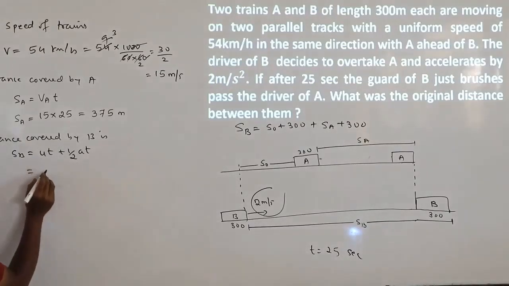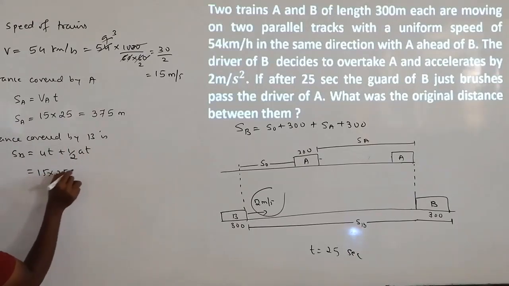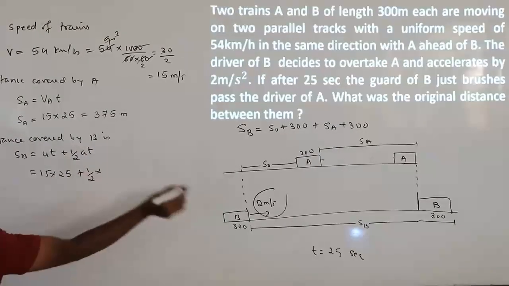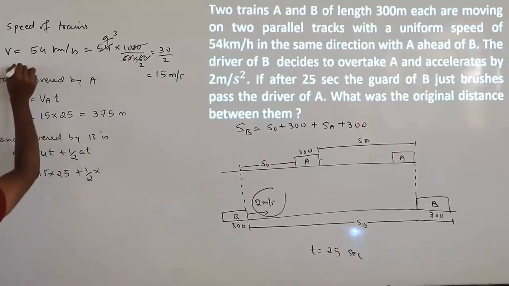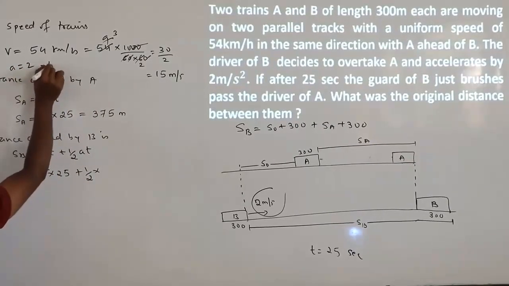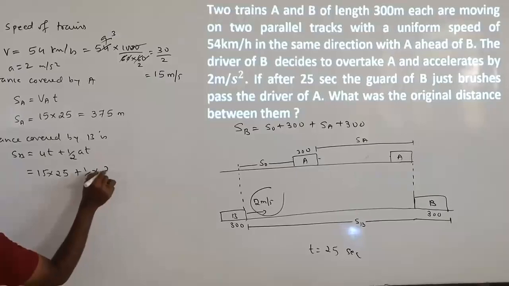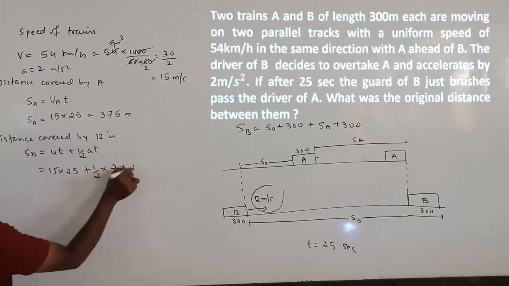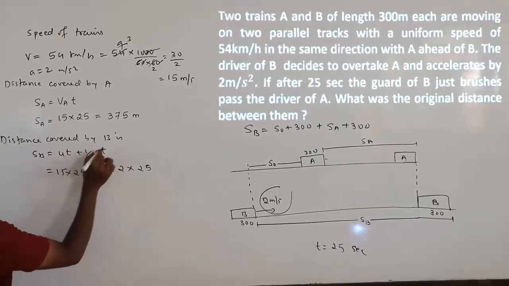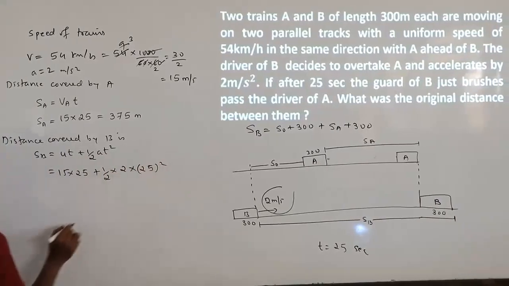What is U? U is 15, T is 25, plus 1 by 2, acceleration is 2 meter per second square, into T square, 25 squared.